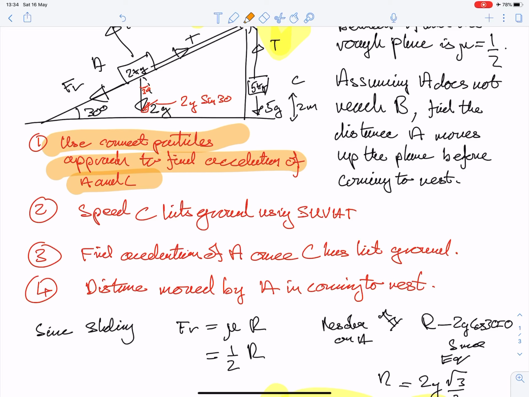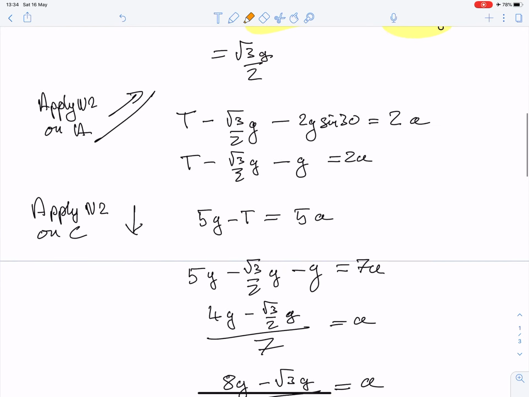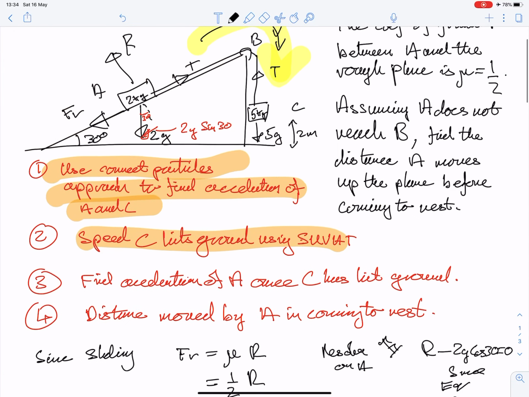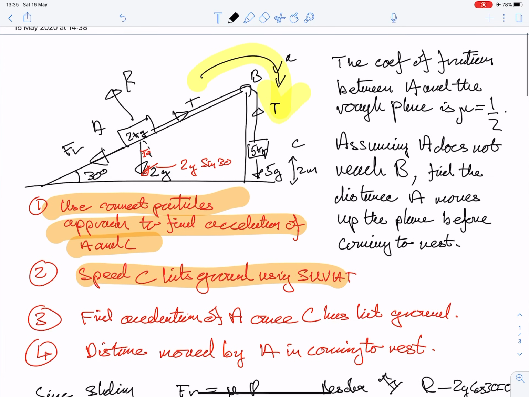If we just tidy that up, we will get 8g minus root 3g over 14 equals the acceleration.